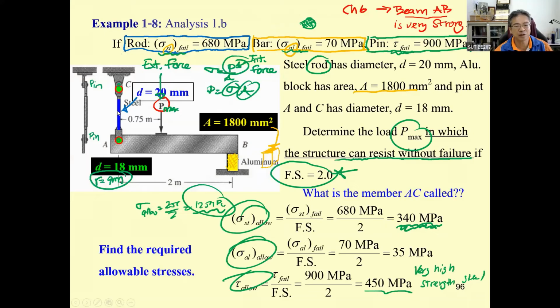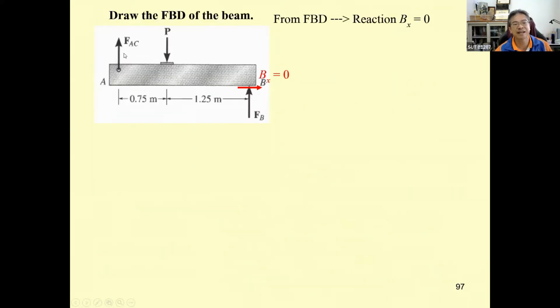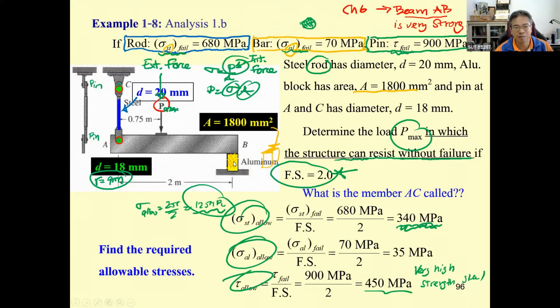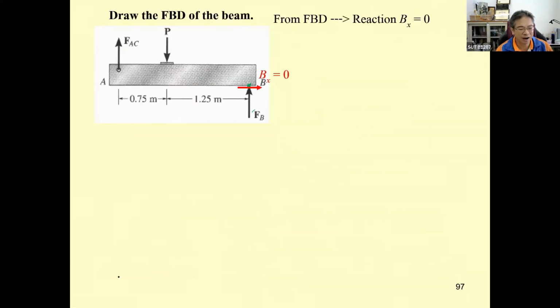Since AC is a two-force member, the force F sub AC is going to be here, and at the block there is F sub B on the aluminum, and F sub AC occurs over here. F sub AC applies to the rod, and this one will be applied to the aluminum block.